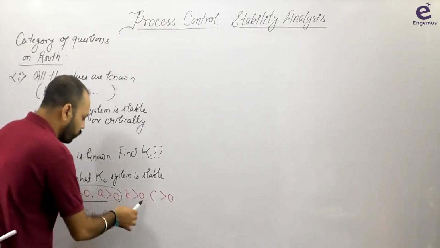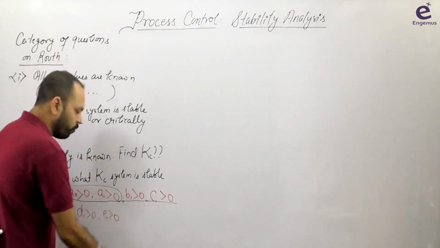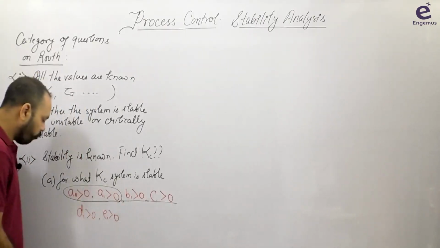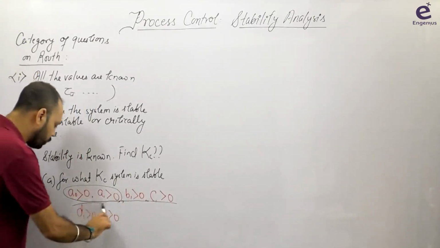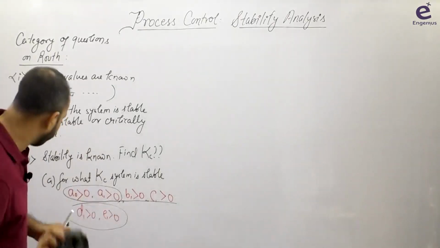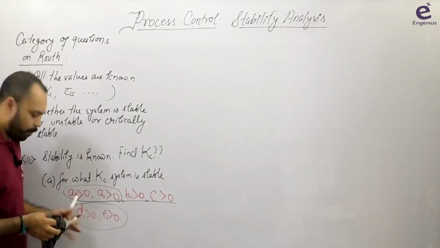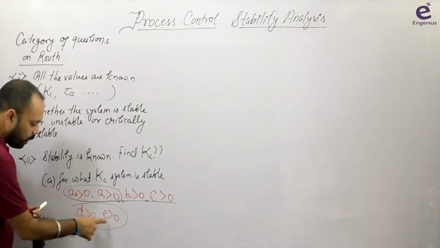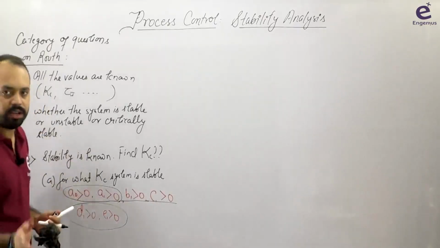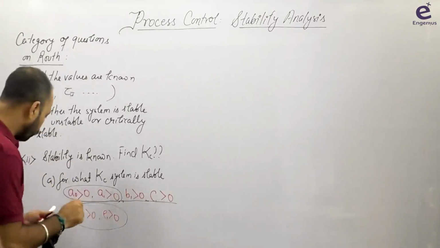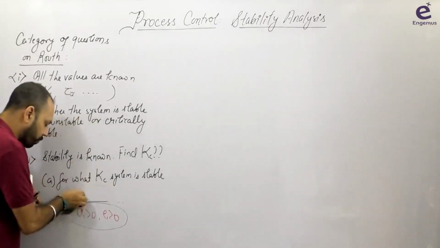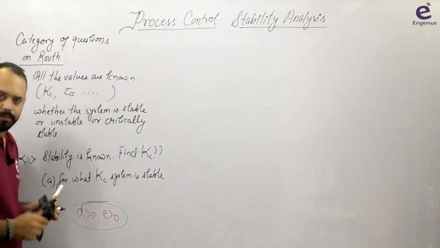Also, you will find that most of the time B1 and C1 will be positive. What happens is that generally we find the value of Kc with these two inequalities. Do not write this down. When you solve inequalities, you will get a range for Kc, not the value of Kc. And generally, we find the value of Kc from D1 and E1, right?